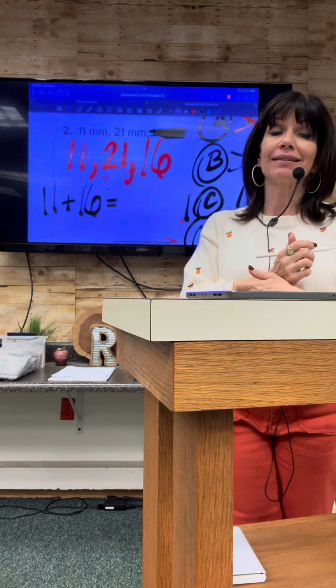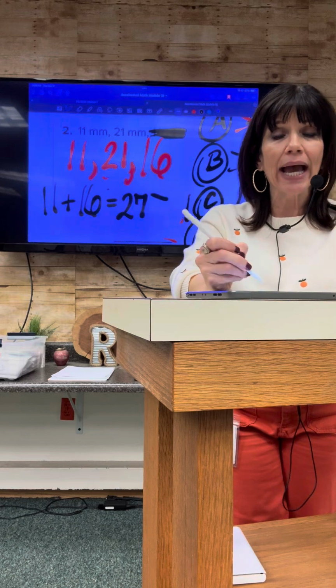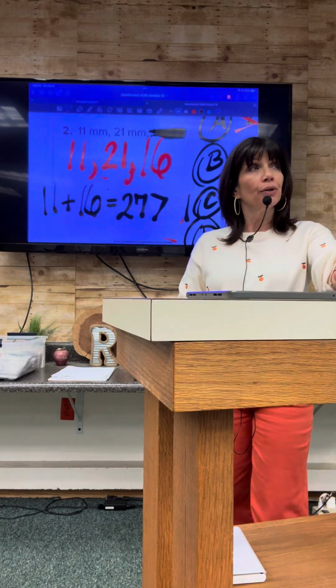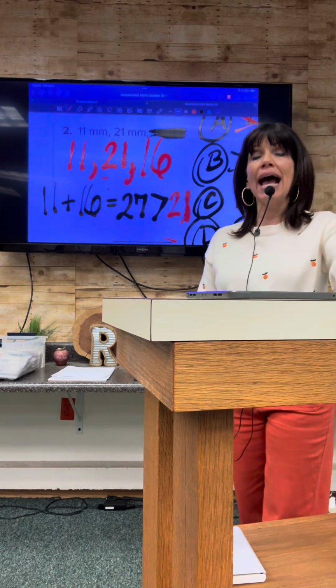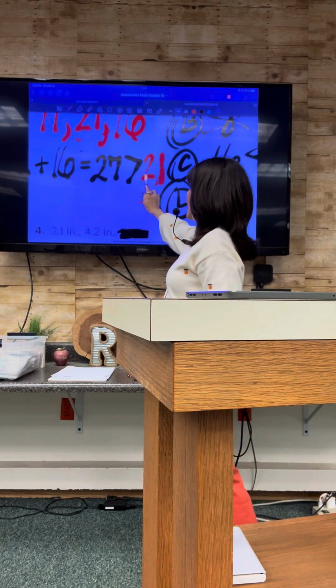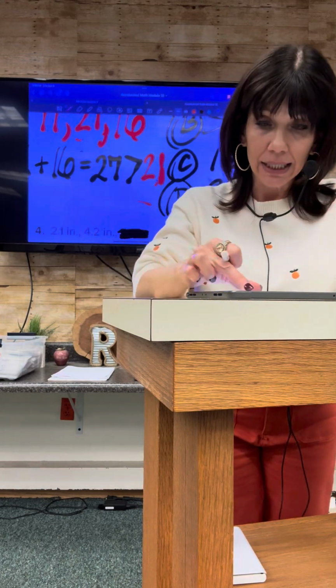What does 11 plus 16 equal? 27 is correct. And we're testing it to see, is 27 greater than, what was our final number? 21. Does everyone understand where I got 21? Okay. Is it an accurate statement that 27 is greater than 21? So what option do we pick? Option C. Do I have any questions about option C?